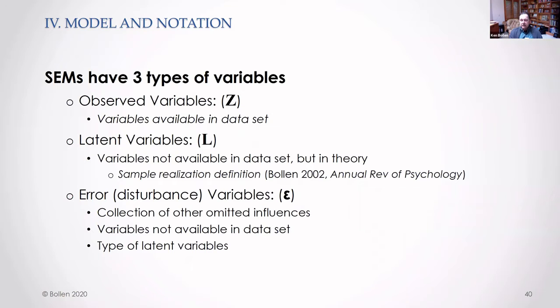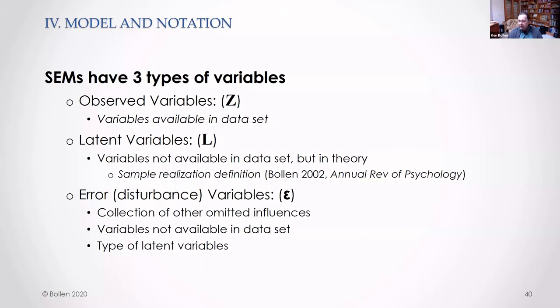So if we want to look at something like how discrimination affects income, well, we may have some indicators of discrimination in our data set, but none of those indicators are going to be even close to a perfect measure of discrimination. The latent variable in this hypothetical example would be discrimination. This is what is of theoretical interest.